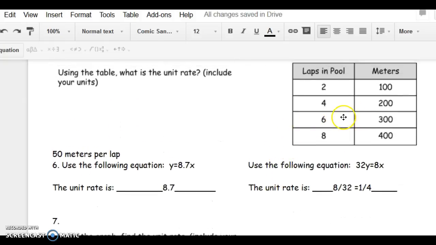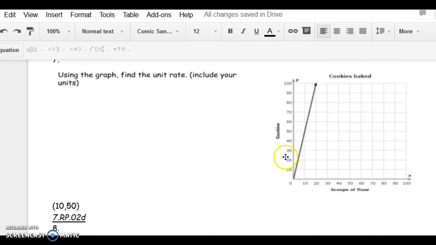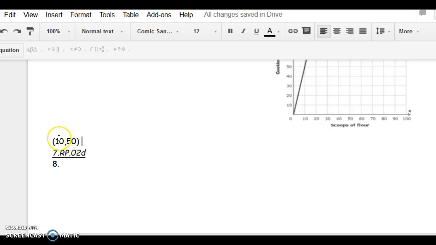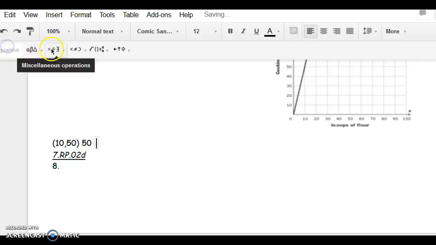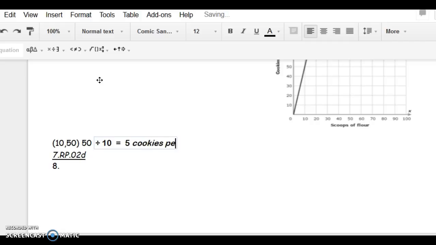So these are points, like this table was 2, 100, 4, 200, and this is the x coordinate, and this is the y coordinate, and I divide the y coordinate by the x coordinate. So (10, 50), this is the x coordinate 10, this is the y coordinate 50, so I'm going to say 50 divided by 10 equals 5 cookies per scoop of flour. And that's it.